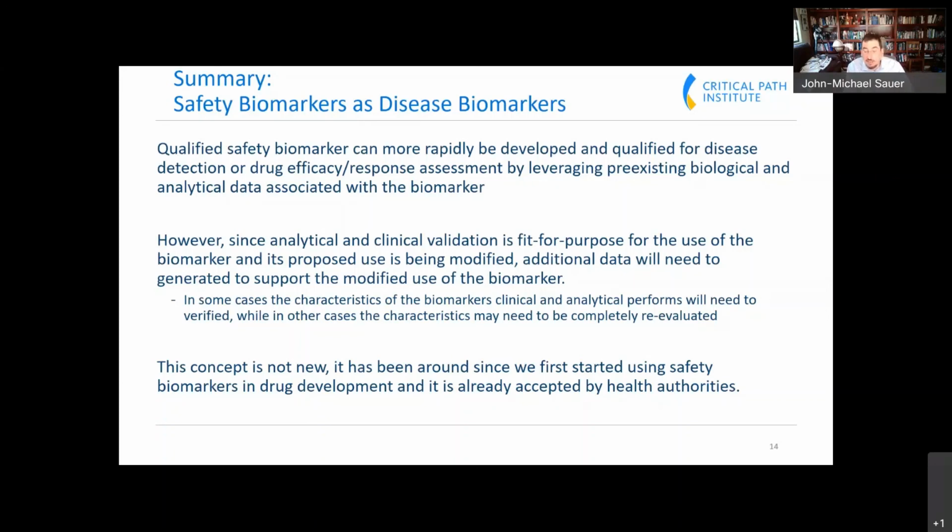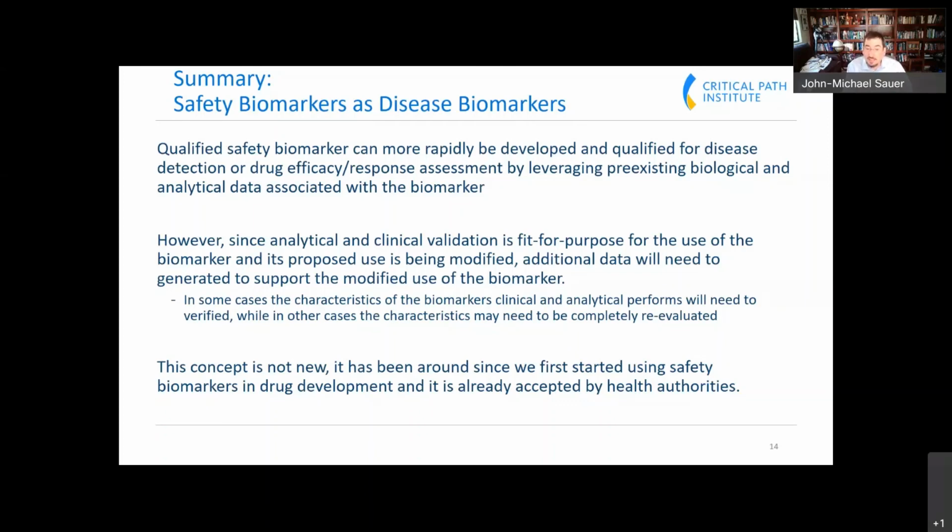Now, again, I think it's really, really important, this last point, to remember, this isn't a new concept, right? We're just trying to expand the thinking of what we can do with our safety biomarkers. We do a ton of work around those biomarkers. And so how else can we use them? Health authorities have already basically accepted this idea from the standpoint of these commonly used biomarkers like ALT.